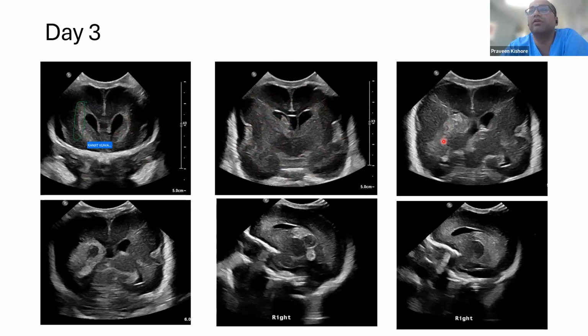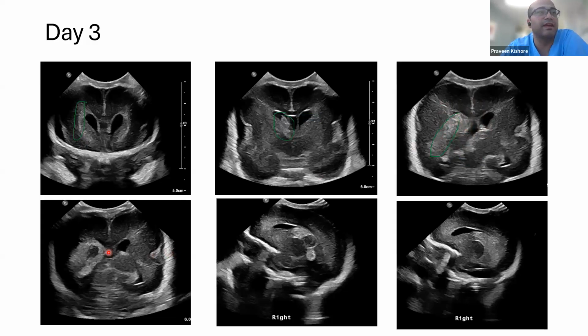But as we go along from anteriorly to posteriorly, you can see the blood here, which is filling up the third ventricle, but also spilling into the adjacent parenchyma. So you can see all the blood here. So it has filled up this one.